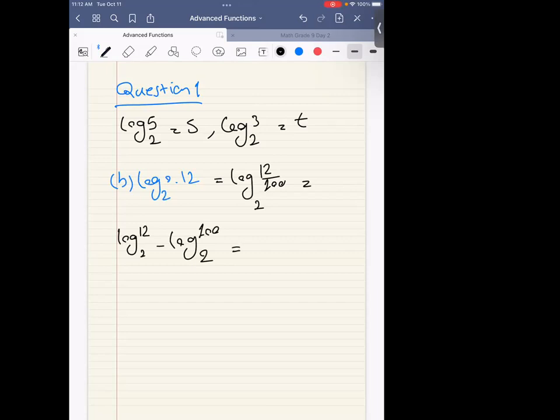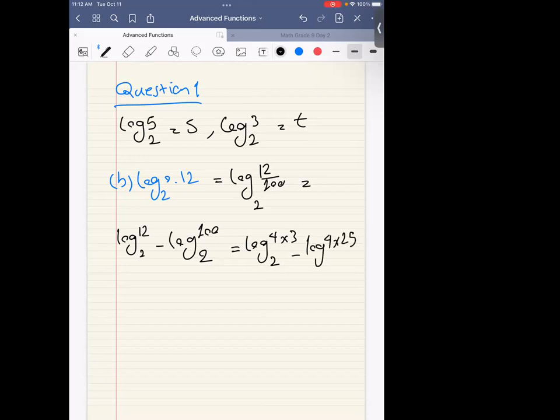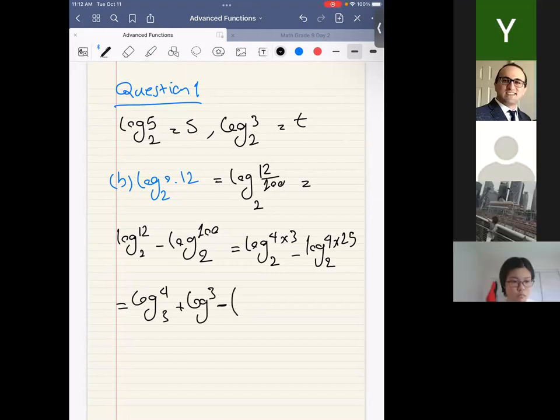Then log of 12 is just log of 4 times 3, minus log of 100. Log of 100 is log of 4 times 25, and the base is also 2. Multiplication becomes the sum of the two logs. So it is log of 4 plus log of 3, and then minus.